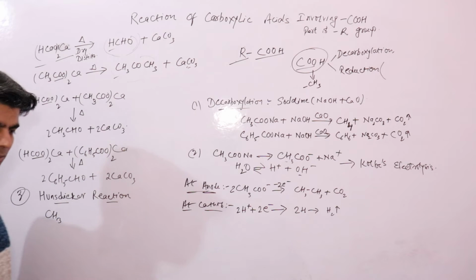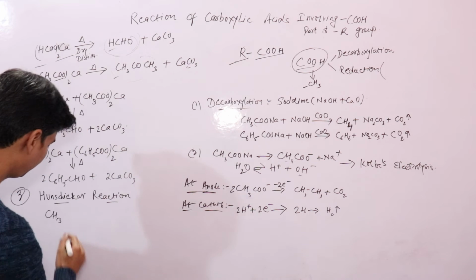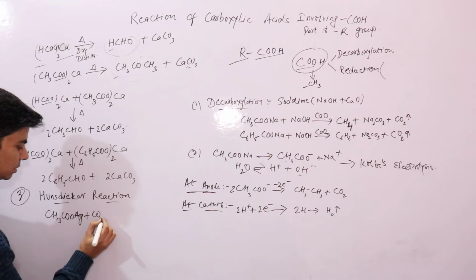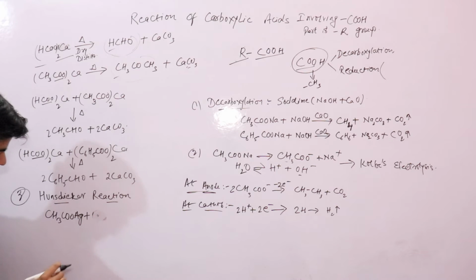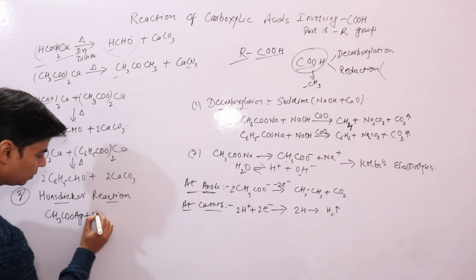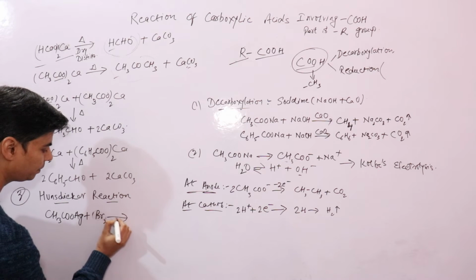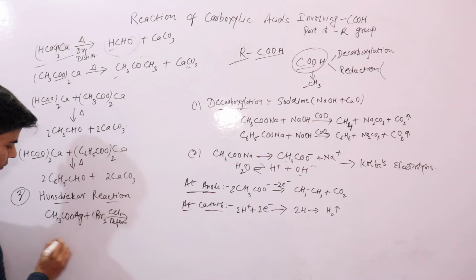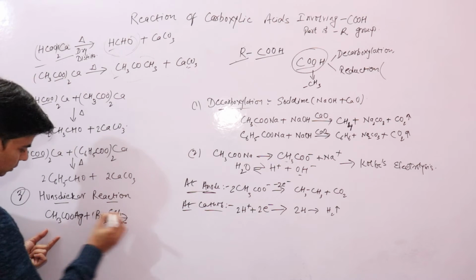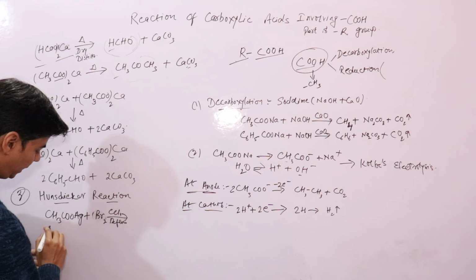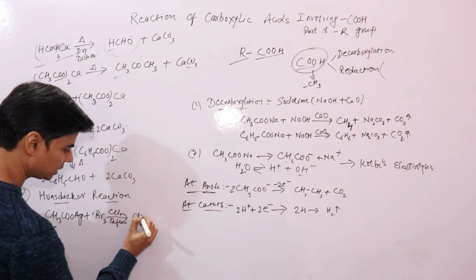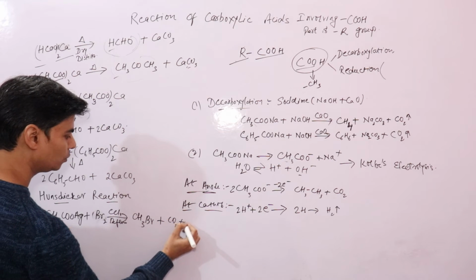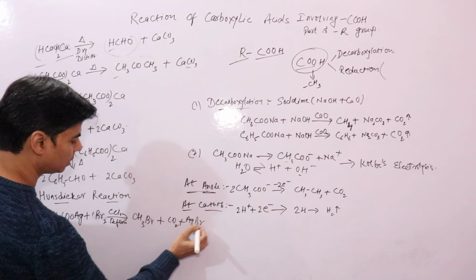Silver salt of a fatty acid, that is, let's take silver acetate, CH3COOAg, plus bromine in the presence of CCl4. We call it refluxing with CCl4. It will form alkyl bromide, that is, in this case, methyl bromide, plus CO2 would be removed, plus silver bromide.